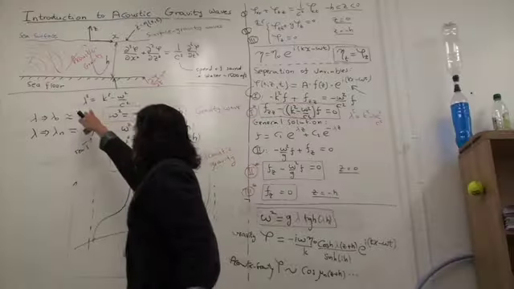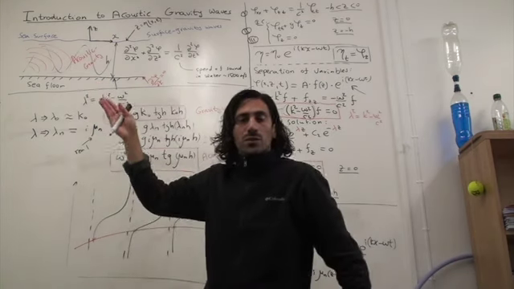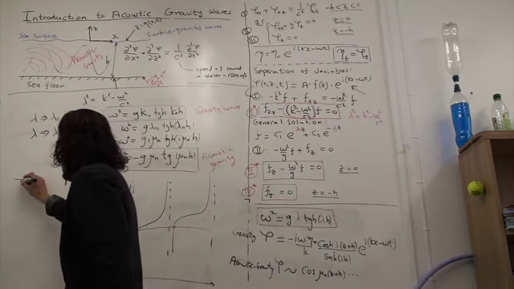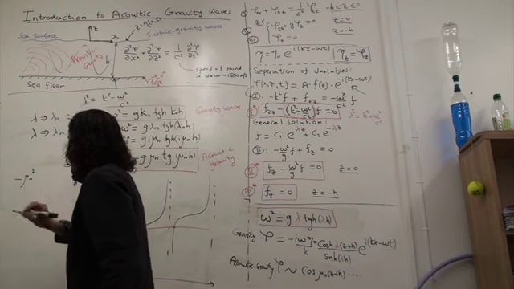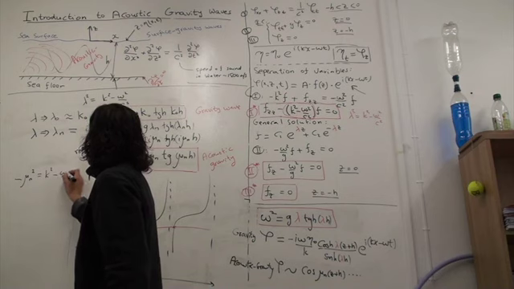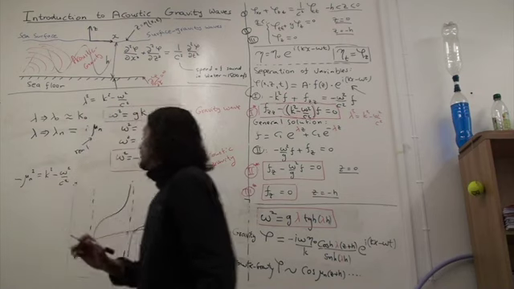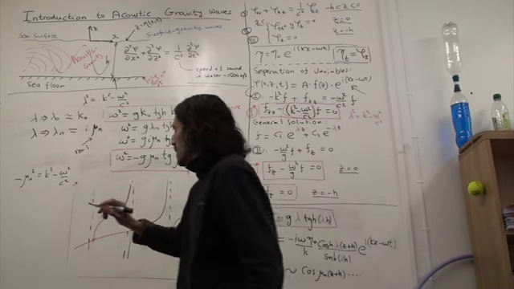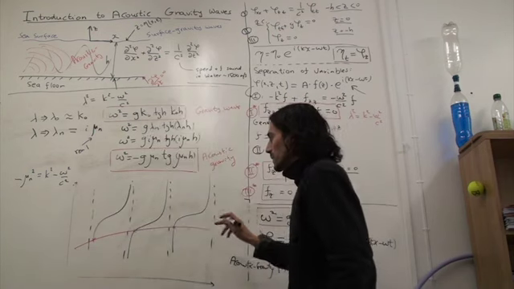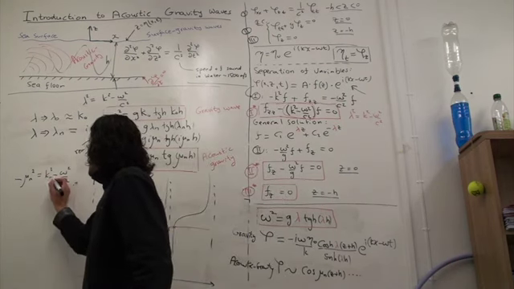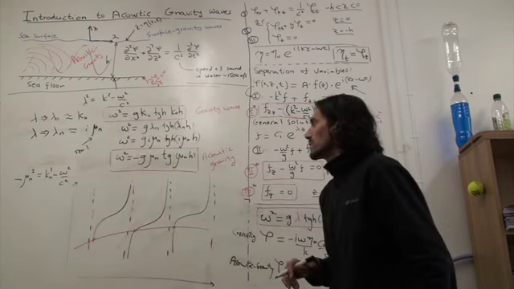Now, it's not over yet. We talk about lambda squared, which is basically, I can write minus mu n squared equal to k squared minus omega squared over c squared. This is what we were discussing. Which means these waves, these modes now, each one of them, this is k n, because we have many modes.